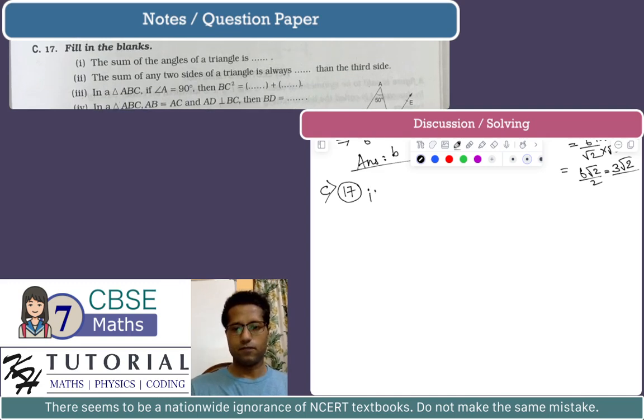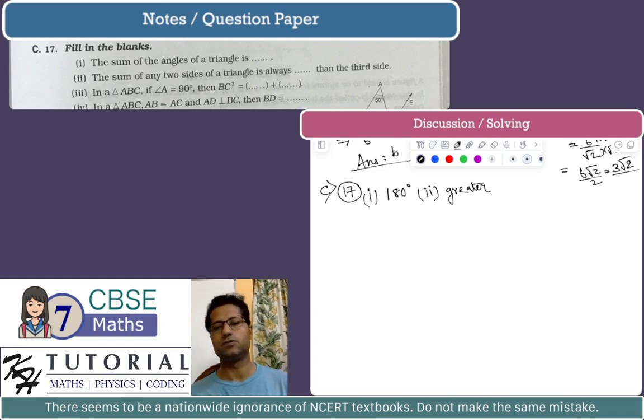Question number 17, part 1, fill in the blanks. The sum of the angles of a triangle is 180 degree. Part 2, the sum of any two sides of a triangle is always greater than the third side.